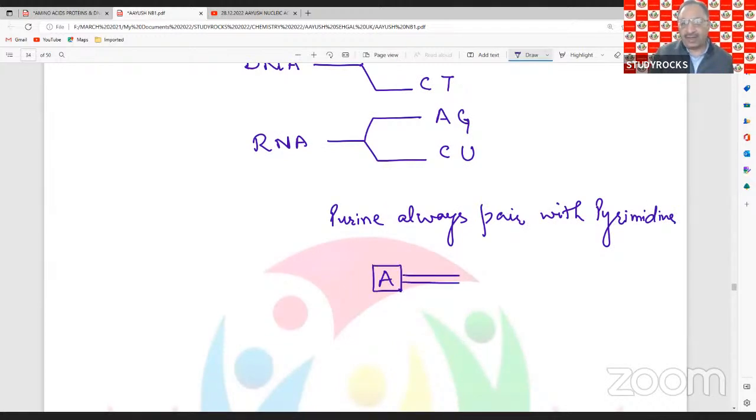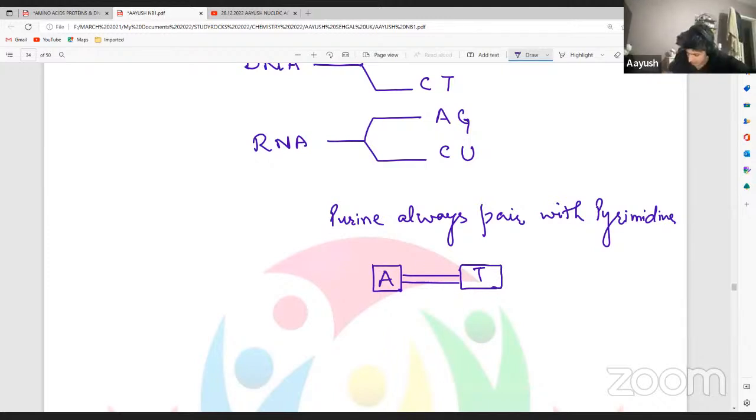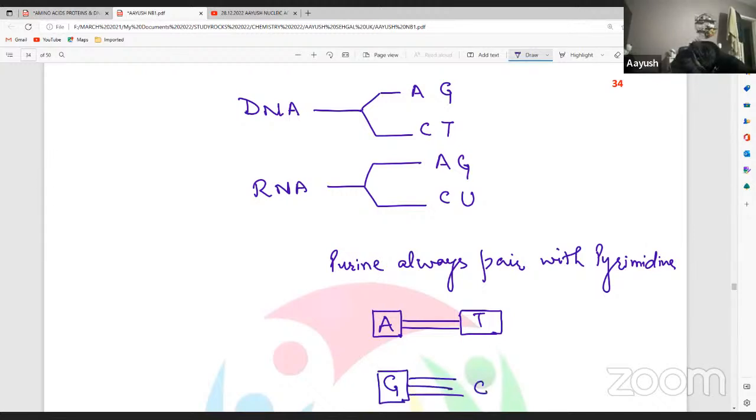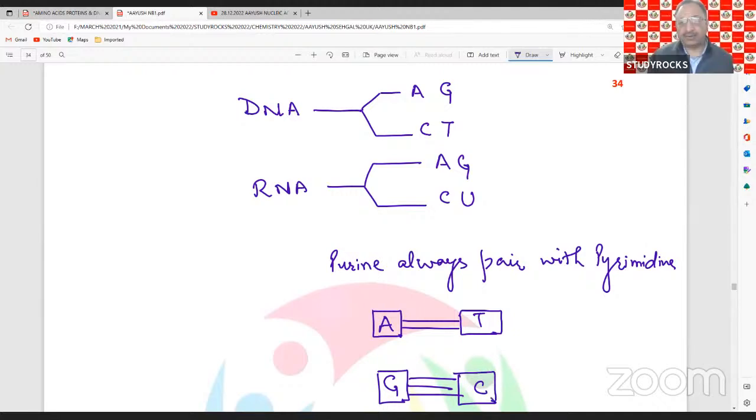Adenine pairs with thymine by double hydrogen bond. This is hydrogen bond, not a normal double bond. Guanine pairs with cytosine with triple hydrogen bond.